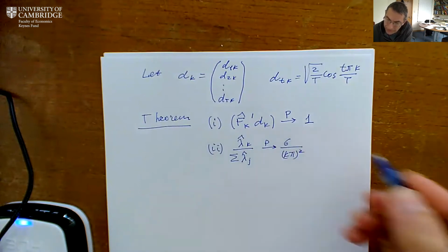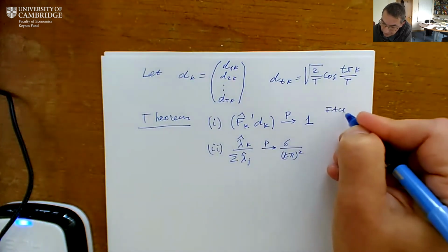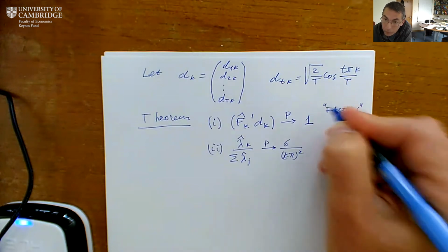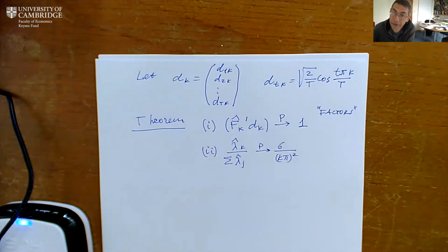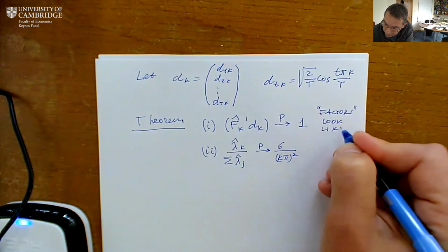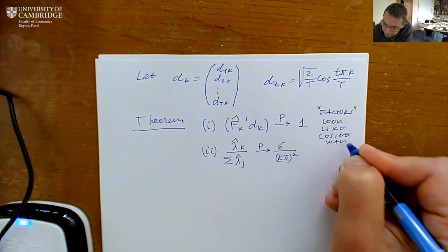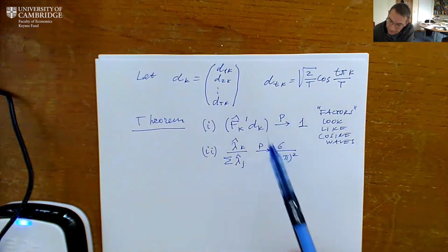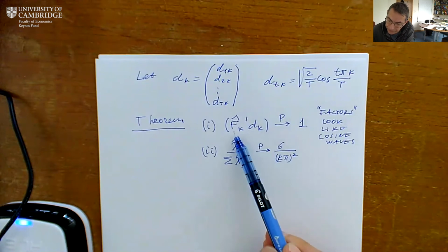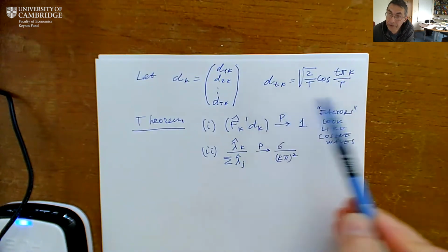So what does this tell us? This basically tells us that factors, quote unquote factors, because there are really no factors in this data, look like cosine waves. Indeed, this factor becomes asymptotically collinear to the vector that I described here.